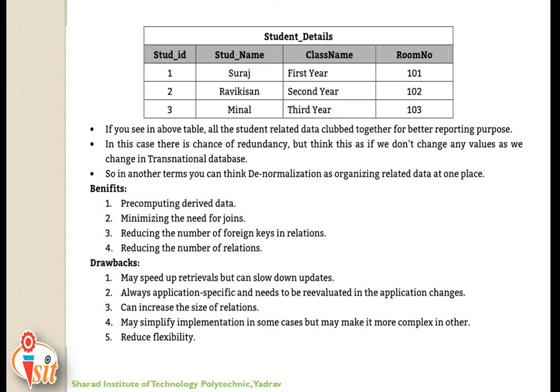Here our syllabus ends. I think that if you get all the concepts clearly, then you should be able to achieve the various unit outcomes of this particular unit. The first unit outcome is that you should be able to derive the functional dependency of the given attribute in a table.